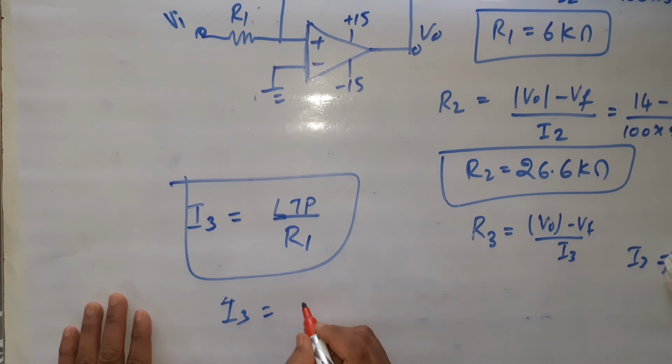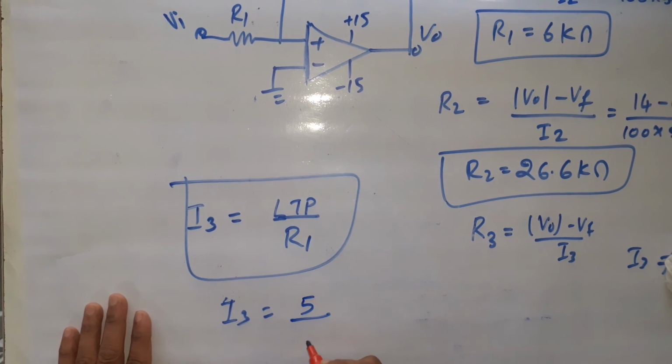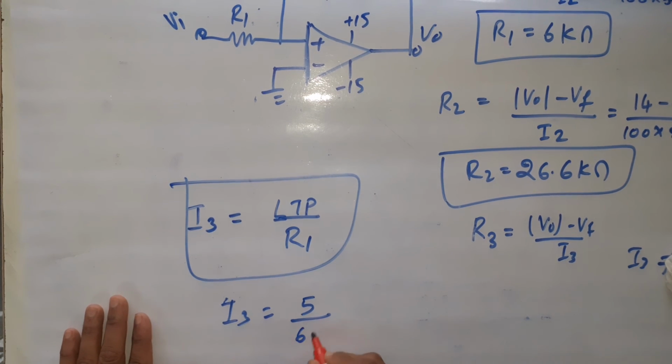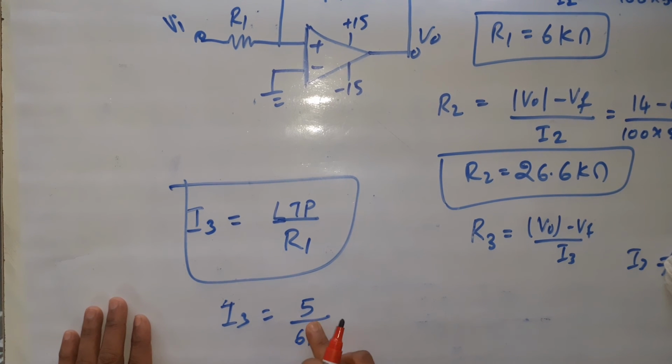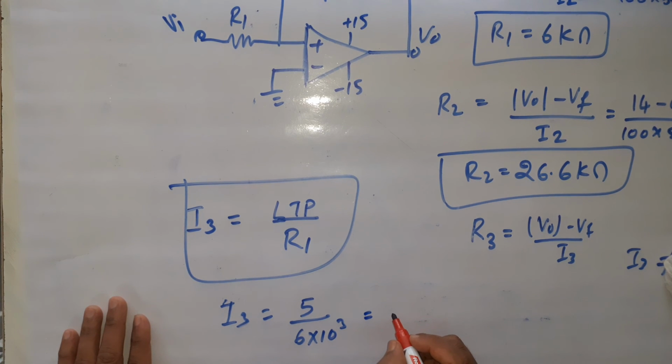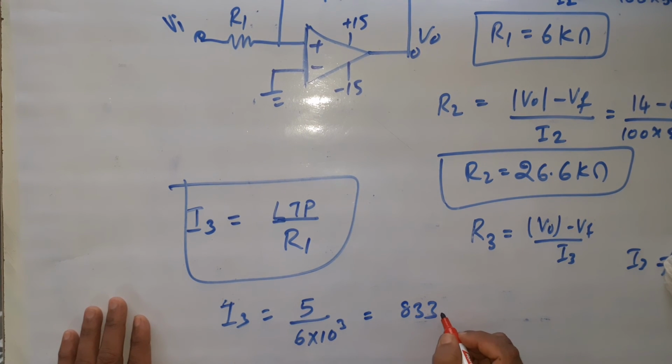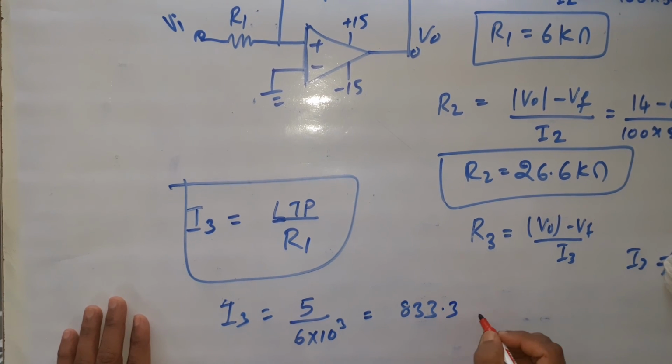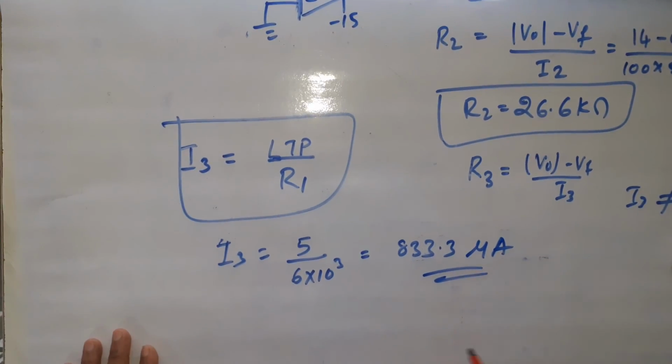So just take the magnitude here. We don't want a negative current to be taken. So R1 we have taken how much? 6 kilo ohm, right? 6 into 10 raised to 3. So this will give you a current of 833.3 microamps.